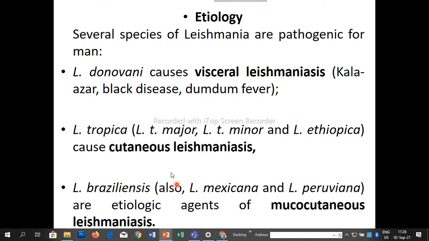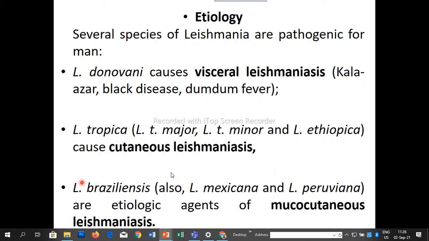Leishmania tropica, whereby you have Leishmania tropica major, Leishmania tropica minor, and Leishmania ethiopica. Then Leishmania brasiliensis, whereby Leishmania mexicana and Leishmania peruviana are etiological agents of mucocutaneous leishmaniasis.